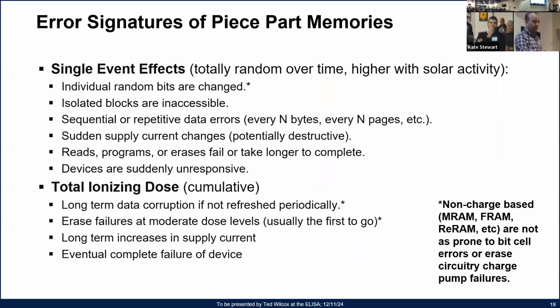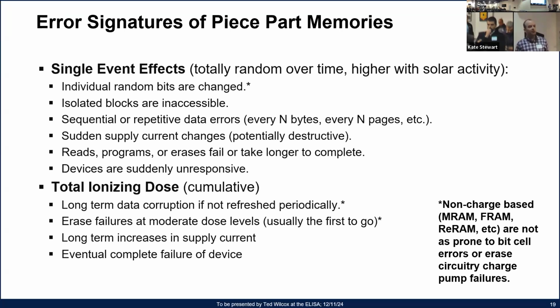At that level, when we talk about single event effects, we're usually looking at bit upsets. Sometimes we see nuanced effects in some of these flash memories, like individual blocks that are inaccessible, even though the rest of the device behaves. We will see weird sequential or repetitive data errors, like every 100 bytes there's an upset, or every other page is inaccessible.